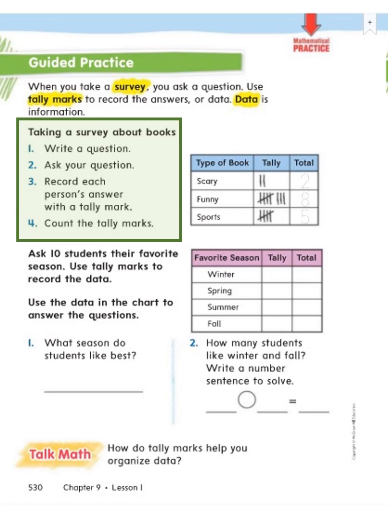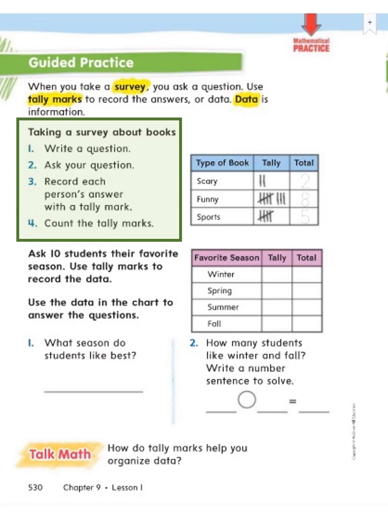Taking a survey about books. Number 1, we write a question. Number 2, ask your question. Number 3, record each person's answer with a tally mark. Number 4, count the tally marks.